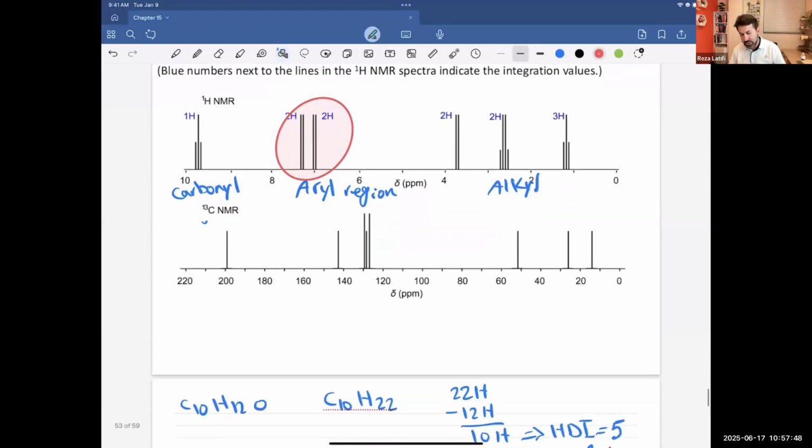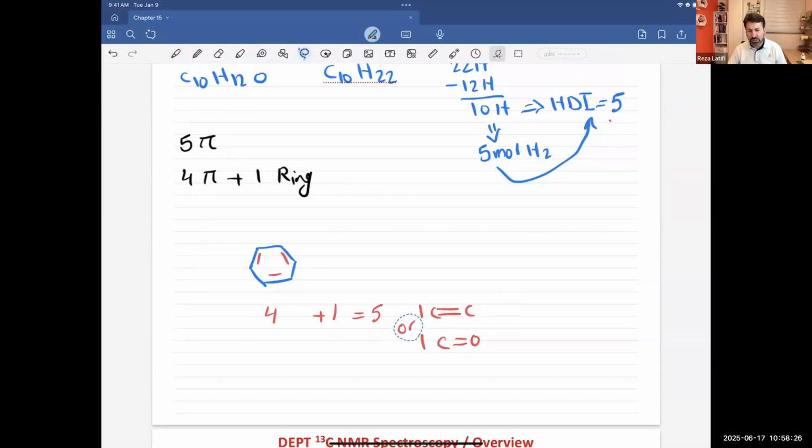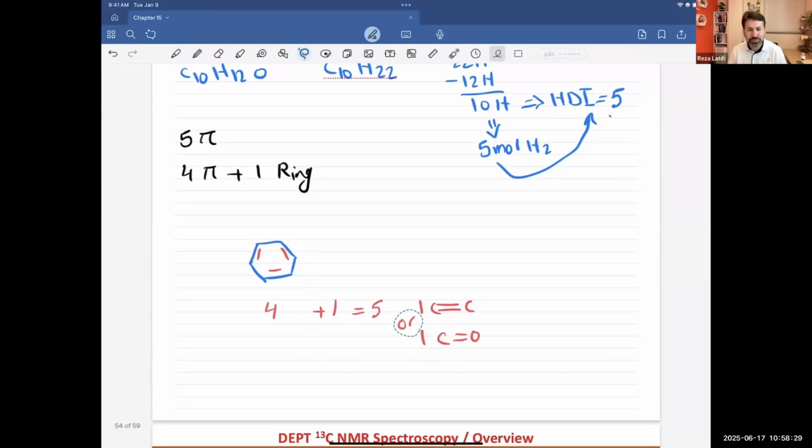If I have a benzene ring, that gives me 3 pi bonds and 1 ring, which equals 4. So until now, the hydrogen deficiency is 4. I need 1 more to make it equal to 5. That means we have 1 double bond, and it can be a C=C or a C=O. So we have a ring plus 4 double bonds.